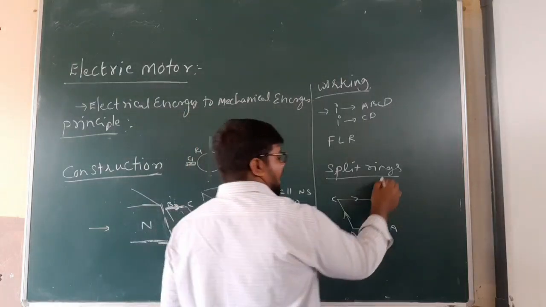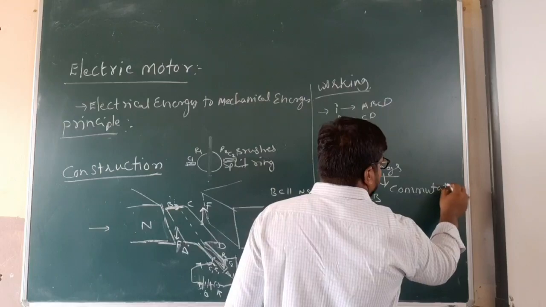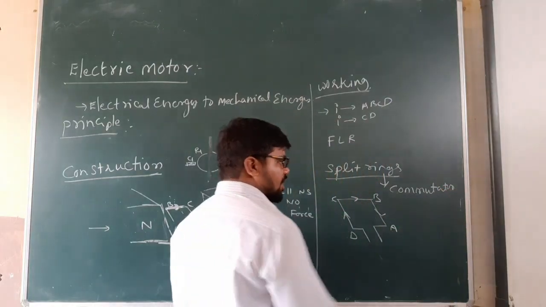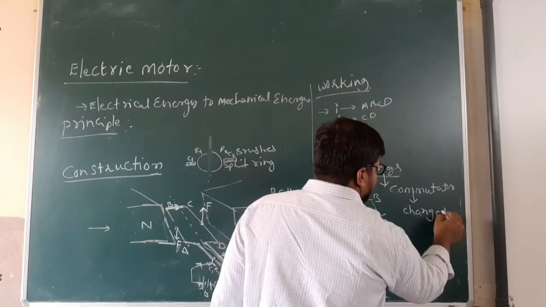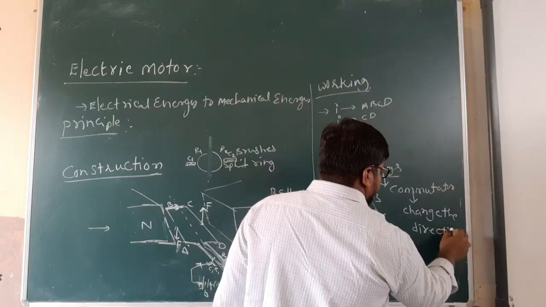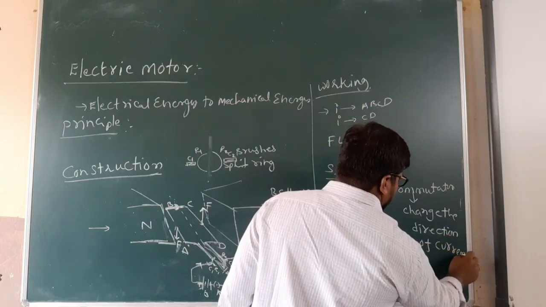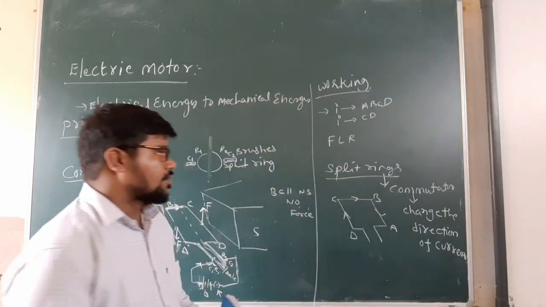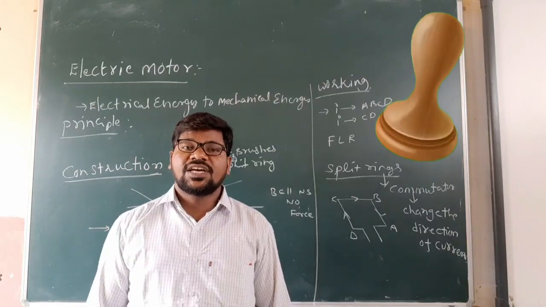The split ring acts as a commutator, and the function of the commutator is to change the direction of current. Got it, my children? This is about the electric motor, which is very important.